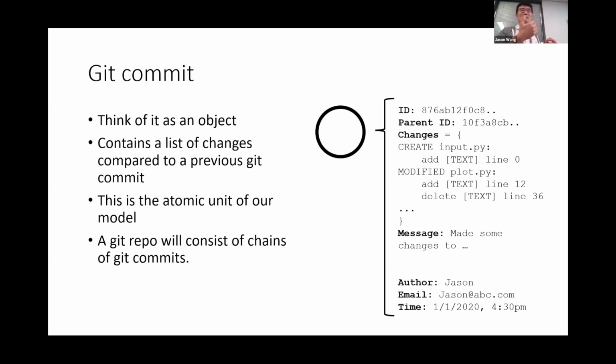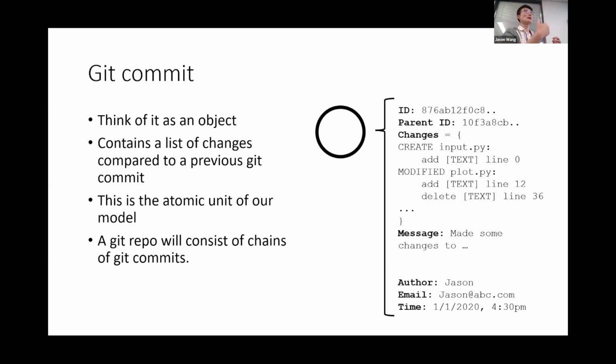It also has a list of changes: in this commit, what files were changed. Maybe we created a new file input.py, added text on line 0, modified a file plot.py, added text on line 12, deleted text on line 36. It contains a whole list of what changed in the repository between its parent commit and this commit.